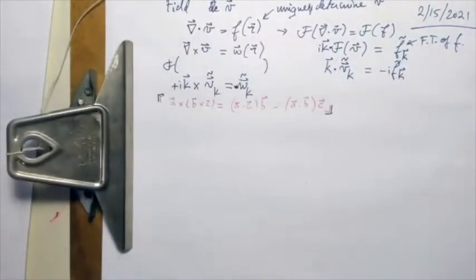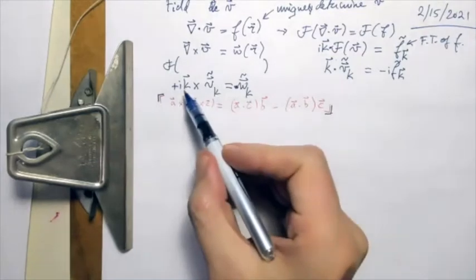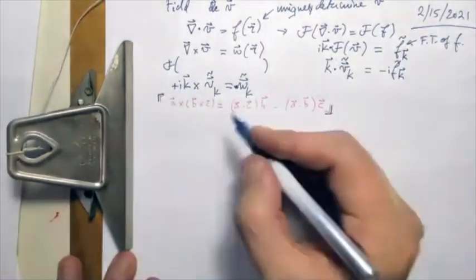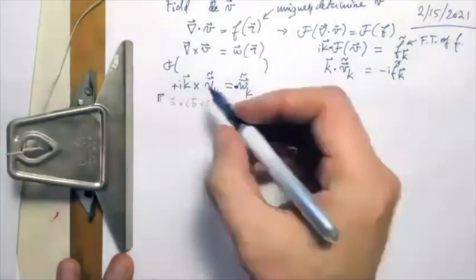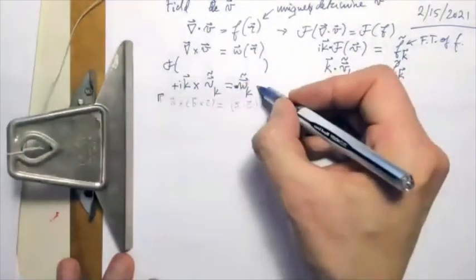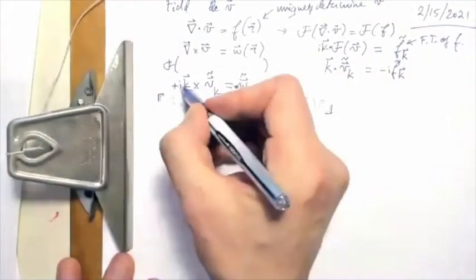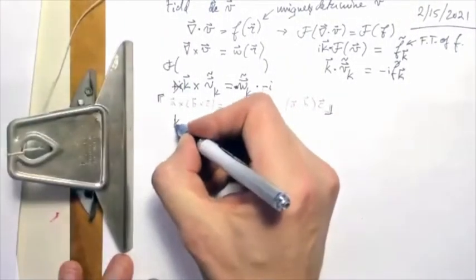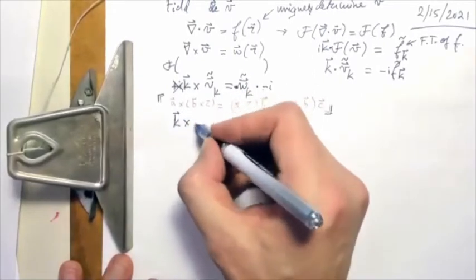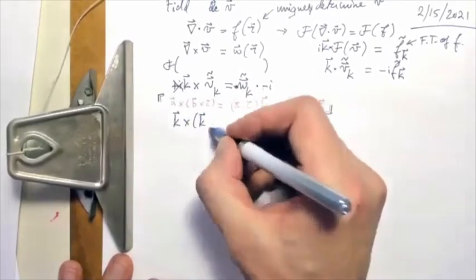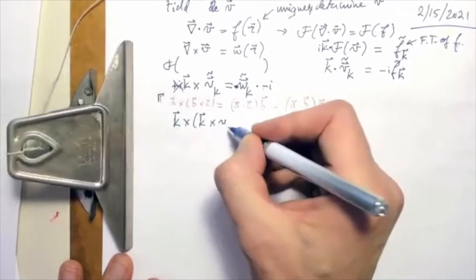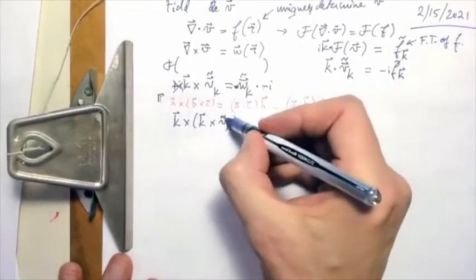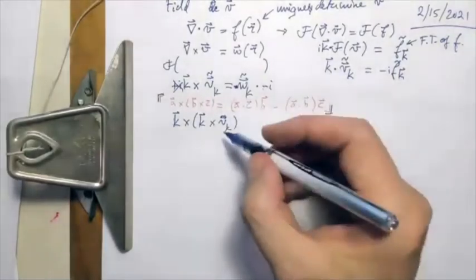So let's see what happens if we take this expression and cross that with K. I'll move the I over to the other side, so that's a minus I here, and I'll delete this here. So we will get a K crossed with, and the parentheses are important, VK. At some point I'm going to drop the tildes.